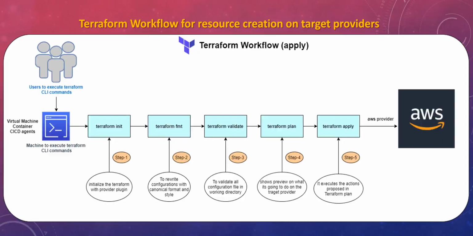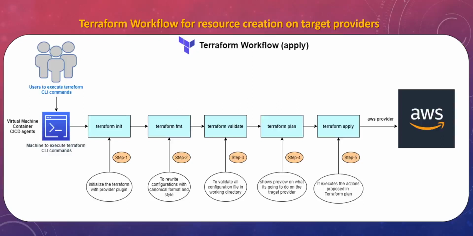So we are done with this. What do I need to do next? For that we have to execute a command called terraform fmt. This command will reformat your configuration file. Which means I have written the configuration file, but I have not followed proper spaces, indentations and so on. So who will correct that?